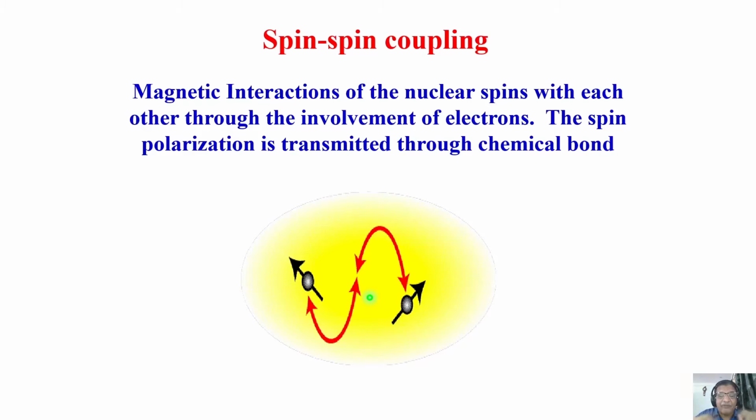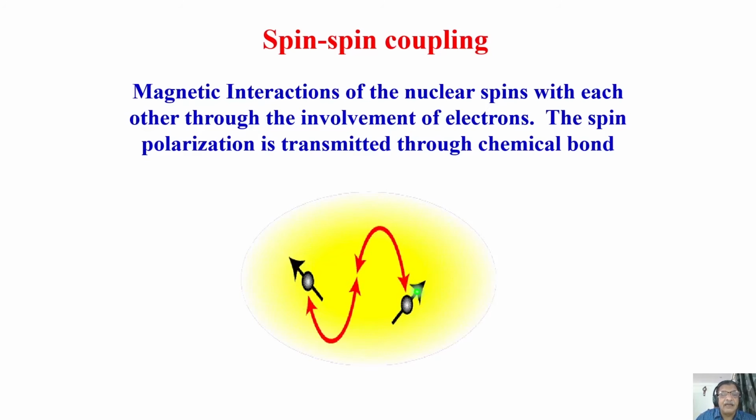With the involvement of a bonding electron, the nuclear spin here transfers its polarization or magnetization to this, or this can interact with this. So as a consequence, the polarization is transmitted through the covalent bond. For that, the medium is the bonding electron. That is necessary. Remember, this nuclear spin can see this one through a covalent bond.